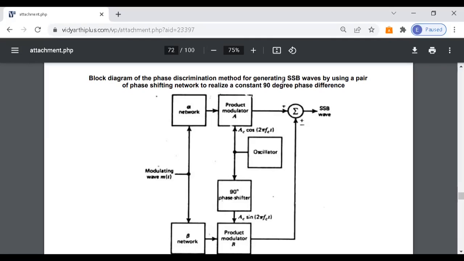But a phase discrimination now is exactly what you said. Discrimination, you eliminate a certain orientation from coming through.